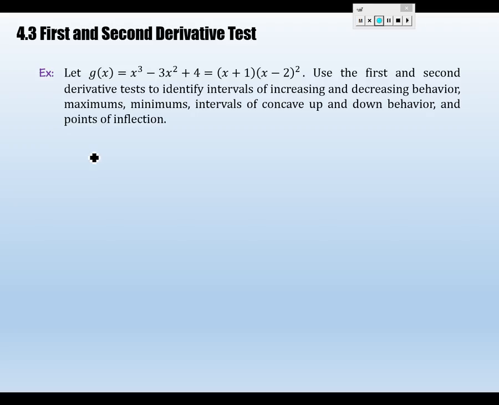I might do it over here. All right, so here's my first derivative, and I'd like to factor it too.